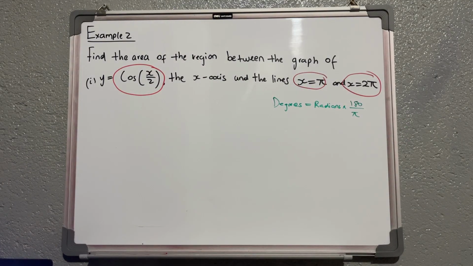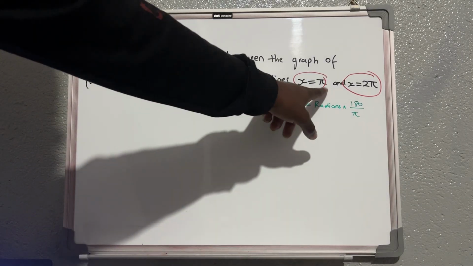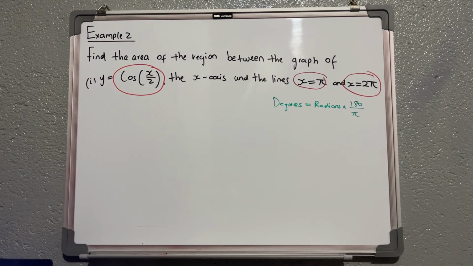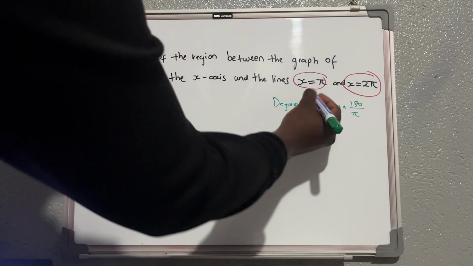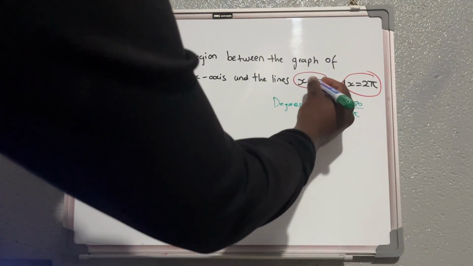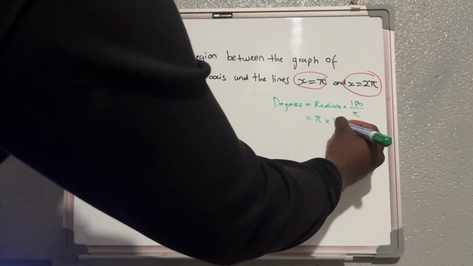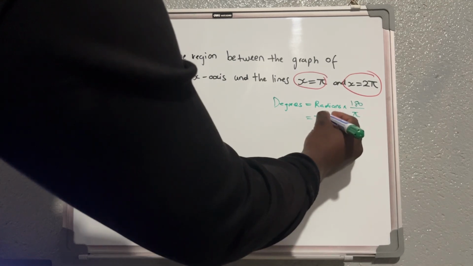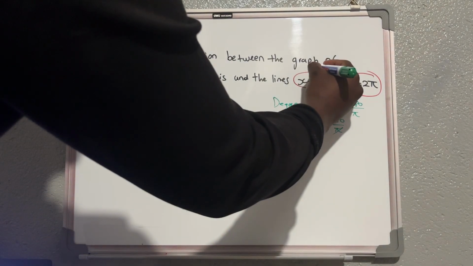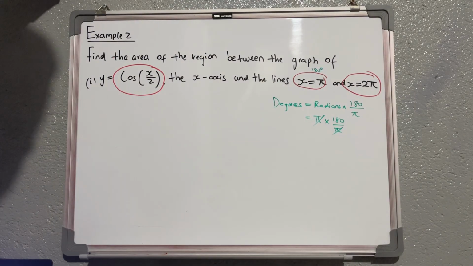But if you already know your radians well, you will know that pi is equal to 180. But everything that we do, we have to prove it mathematically. So if we want to work out these degrees, we say we have pi as a radian, then we multiply this by 180 over pi, then this will cancel, and here we have 180 degrees.